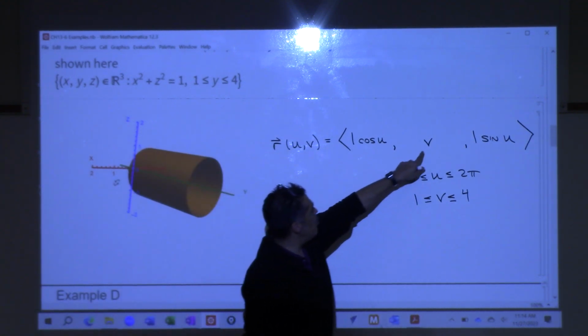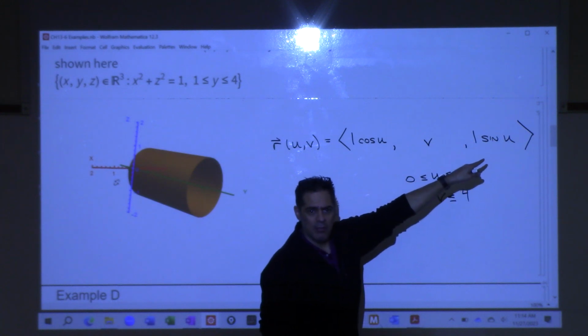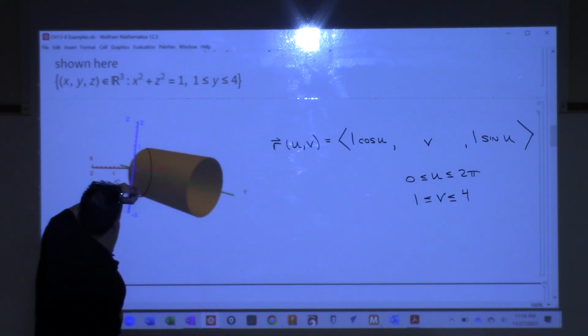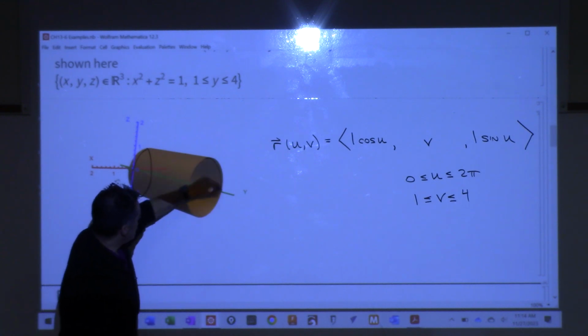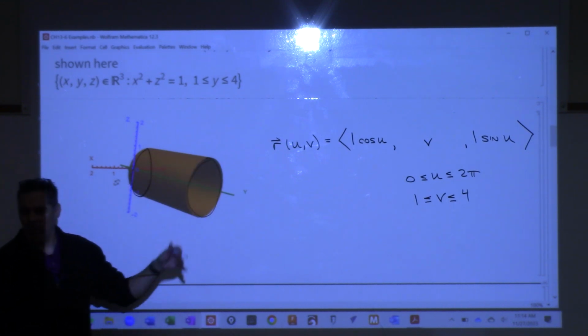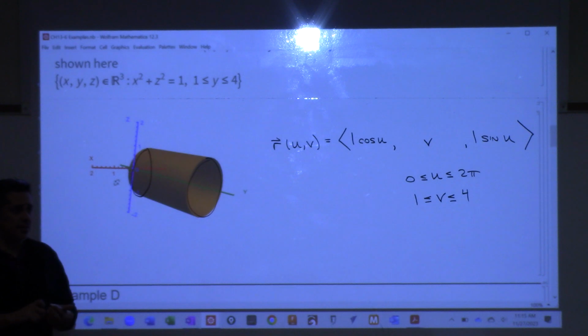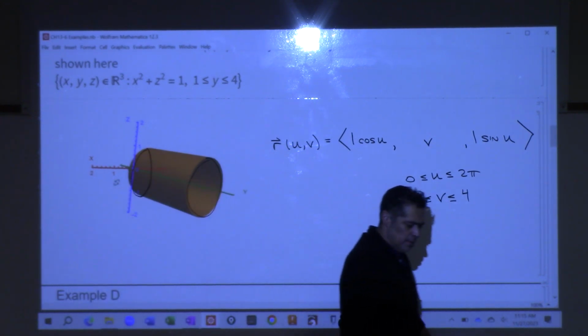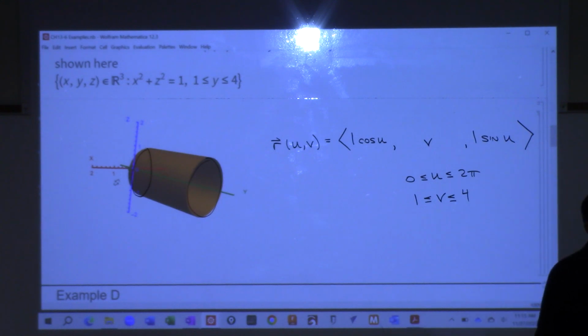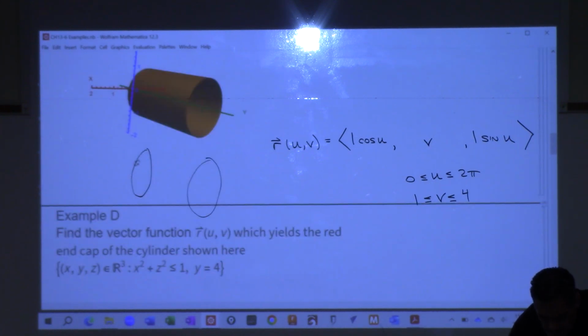So imagine this was a 1, and then go draw a circle. That would draw that circle back there. And then if I let v be 4, I'm going to draw this circle. And then everything in between would draw all the circles in between and create the cylinder. Okay, there it is. That's the vector function. Pretty okay? All right, let's look at the next one.